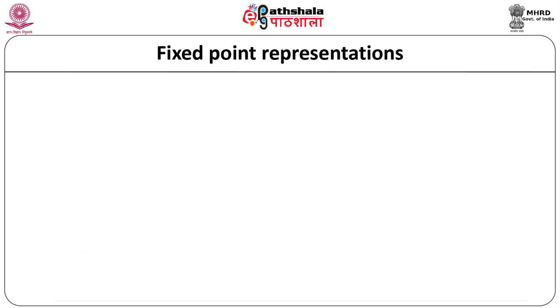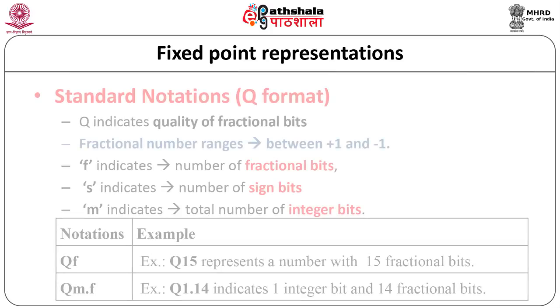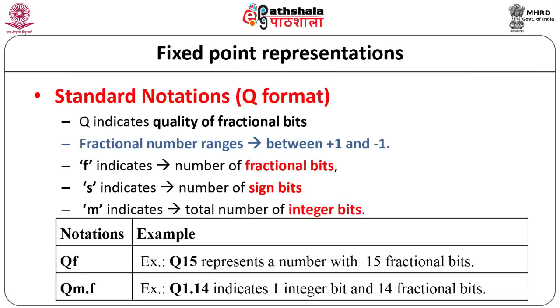For representing numbers in fixed point notations, there are various methods used to represent the radix or binary point and word length. For representing fractions under fixed point notations, Q format is normally preferred. Q indicates quality of fractional bits. The fractional number ranges from +1 to -1.